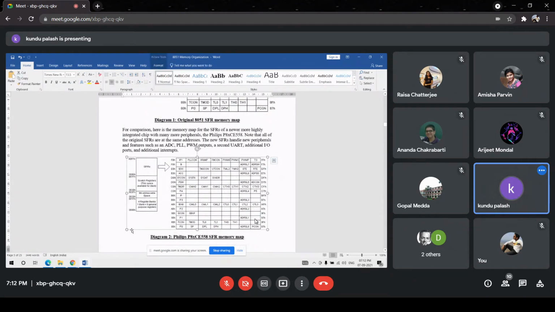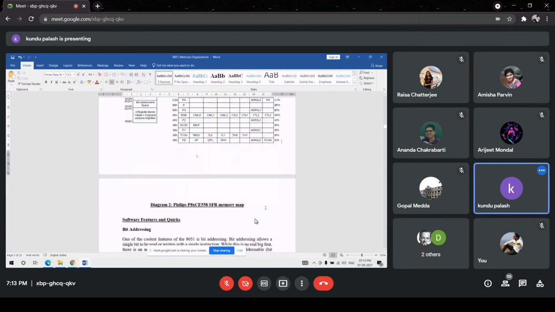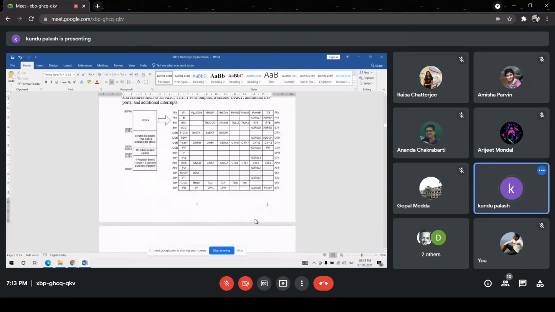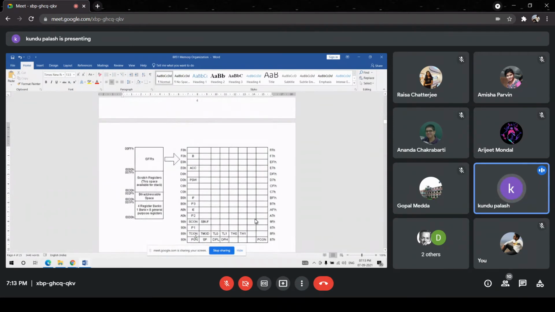This is the enlarged view. When we discuss the programming tutorial, the concept of the special function registers will be clearer. The special function registers are byte addressable or bit addressable. Bit addressable means an individual location acts as a single bit of data. For example, the P0 port is an octal port. That means it has 8 lines, which can be independently programmed as input and output.